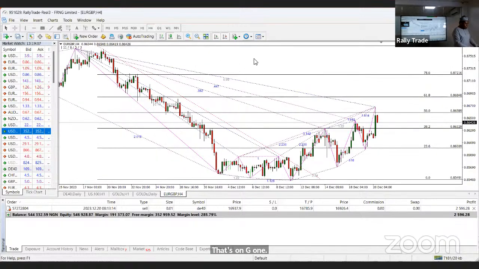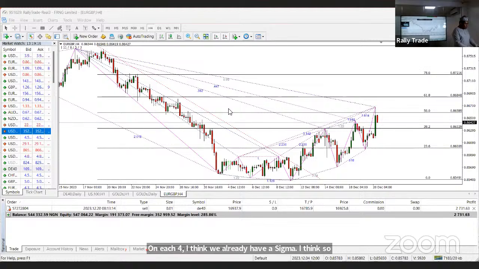On H4, I think we already have a signal. On H4, this market is doing higher high.